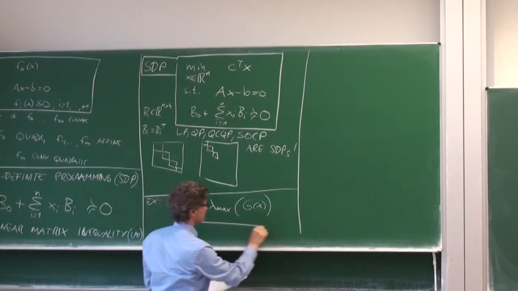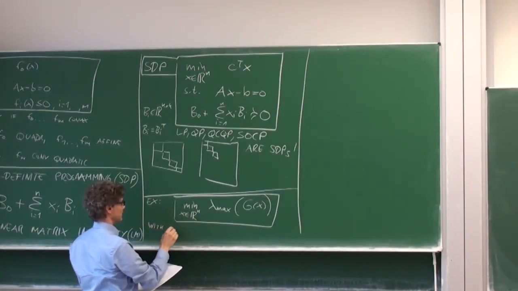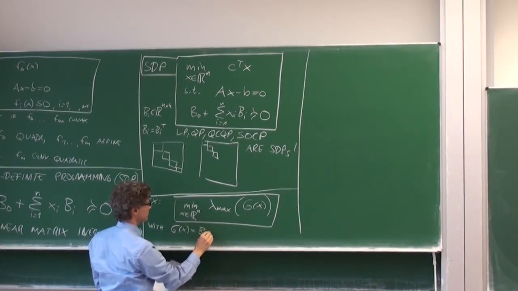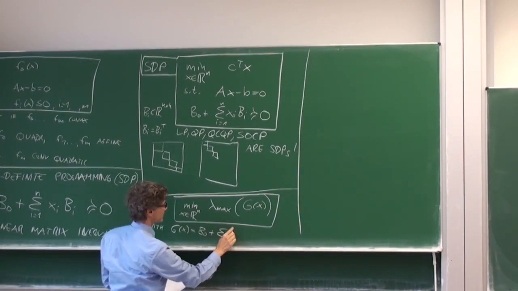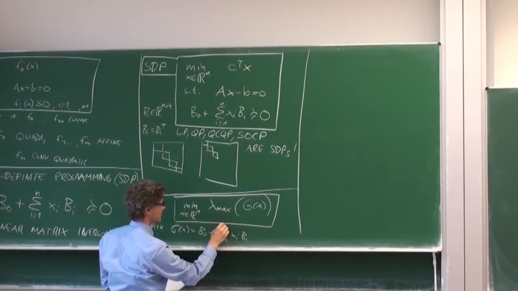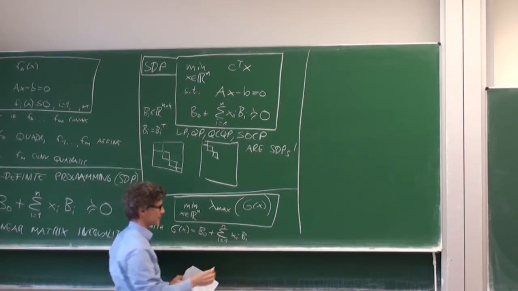So this could be an optimization problem where G of X is of the form B0 plus the sum of X_i times B_i, i from 1 to n. And these are also symmetric.